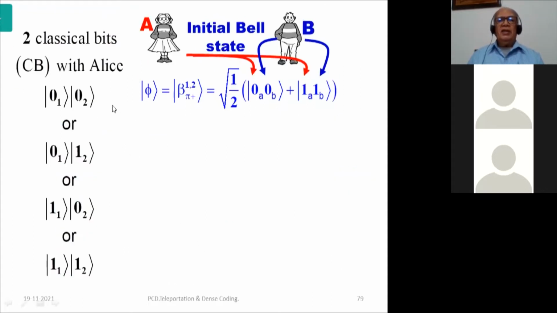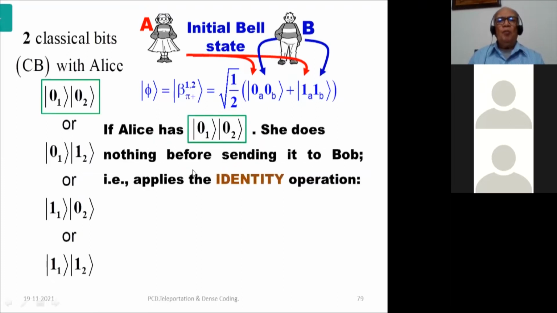So this is our initial state. And what Alice would do is that if she has this pair of classical bits, she has one of these 4. If she has this, she does nothing. It's like performing an identity operation, which will leave the Bell state invariant. So this is one possibility.